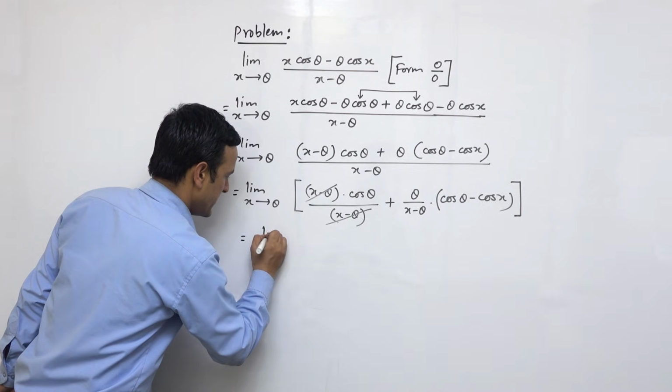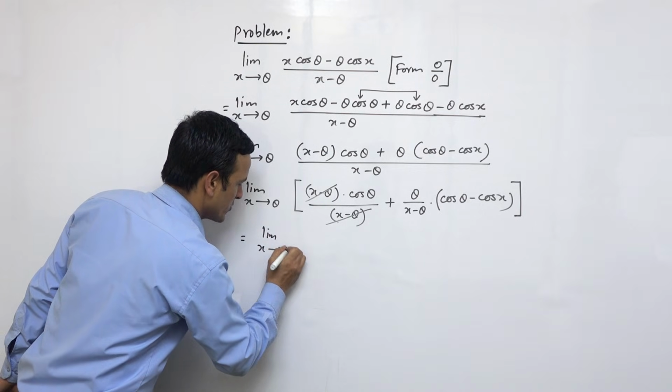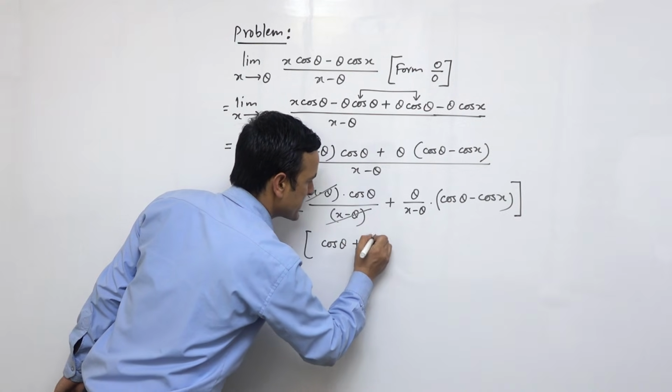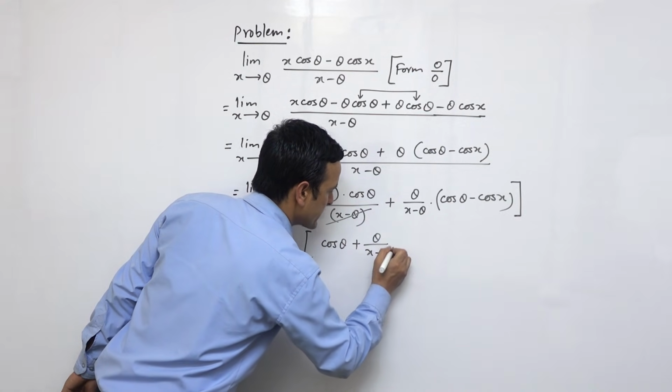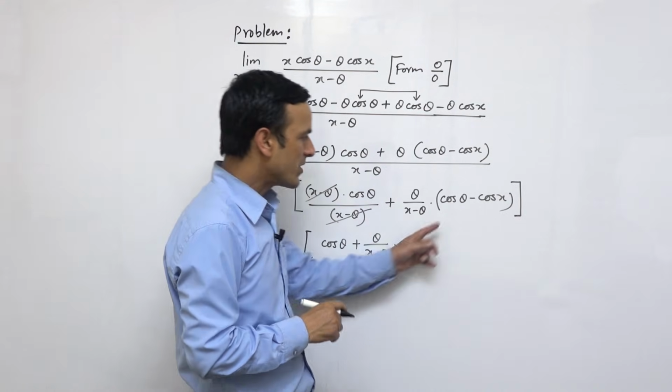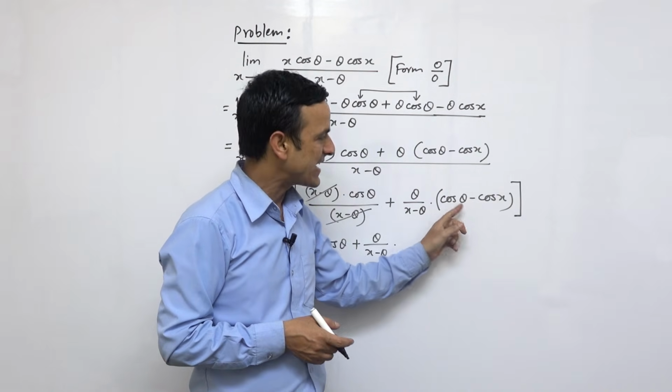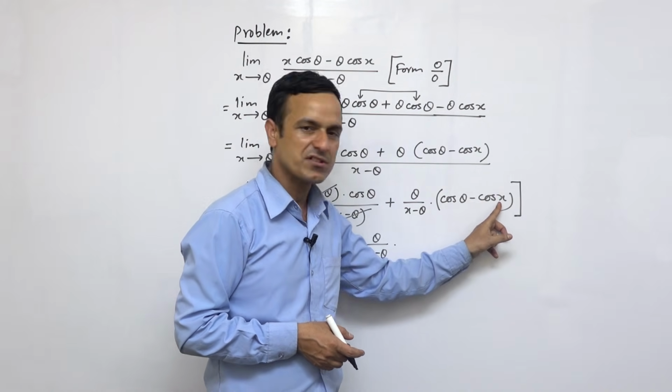Now limit x tends to theta. So here we have cos theta plus theta upon x minus theta. And now we can apply the transformation formula, the trigonometric relation, that is cos c minus cos d.